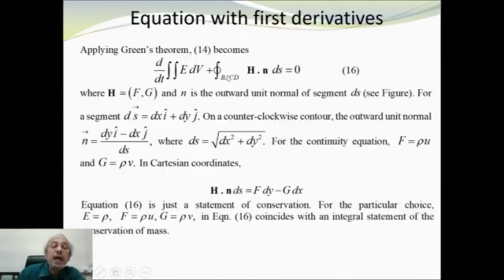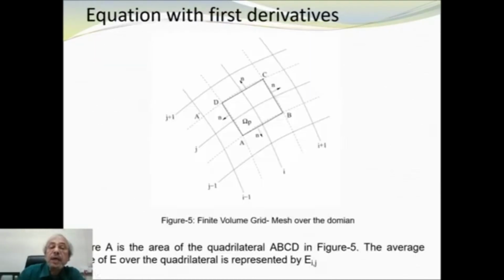So if we do that, we can write d/dt of volume integral E dv plus line integral h dot n ds, where h is the identification of the field comprising of f and g, n is an outward unit normal of segment ds. If we look at the figure, n is the outward normal on the segment, if we call this as ds.